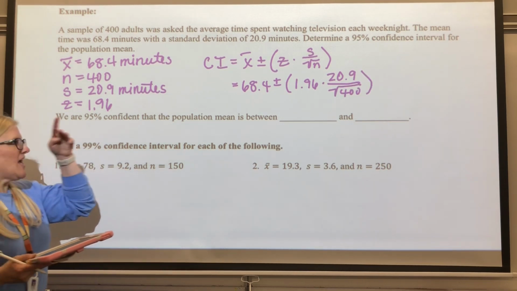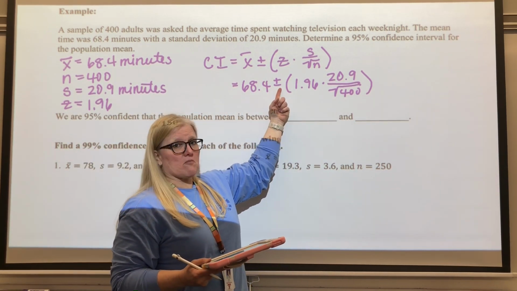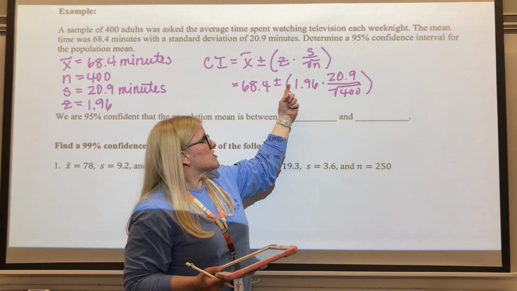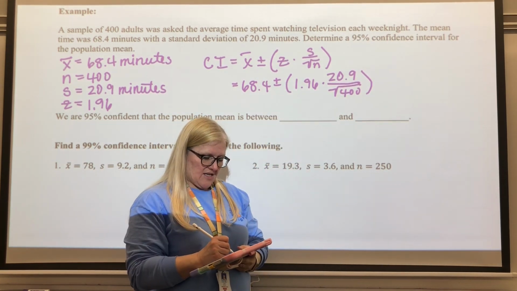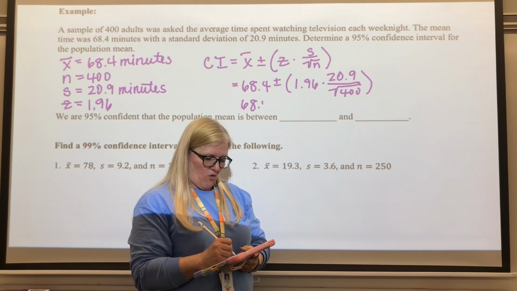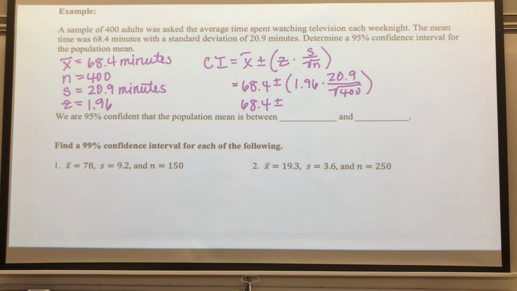Now, I can't put this whole thing in my calculator because I have a plus or minus right here. So I'm just going to put this part in my calculator, and I end up with 68.4 plus or minus 2.0482.